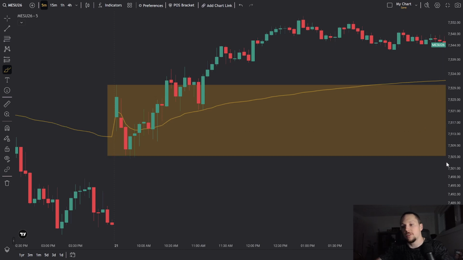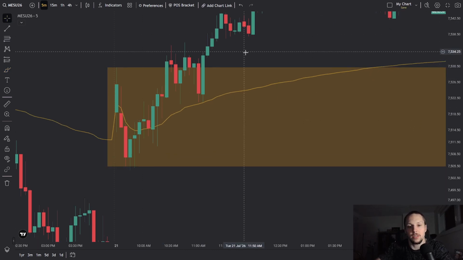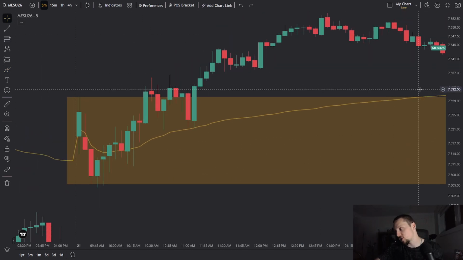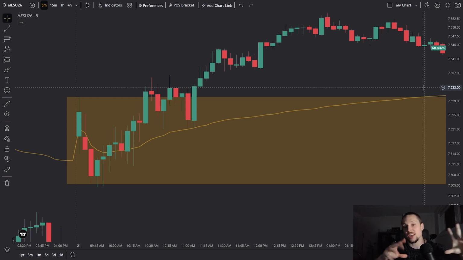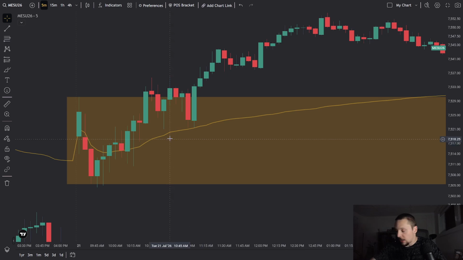And after we get a pullback, we want to see what I call a confirmation candle. A confirmation candle is a large, powerful candle that's giving us a big, flashing, obvious sign that price is going to be continuing upwards. And it usually has a pretty full candle body and fairly small wicks, especially in one direction. And I'll explain.